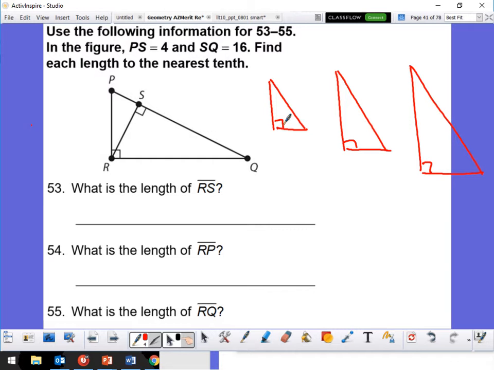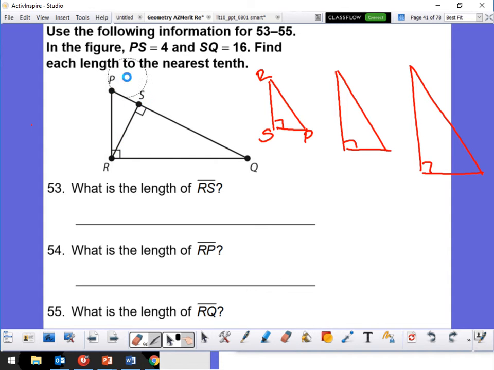S, very good. So that's S. What is this one right here? R. This one's P. We're talking about the smallest triangle. So this one's P, and this is R. Very good.